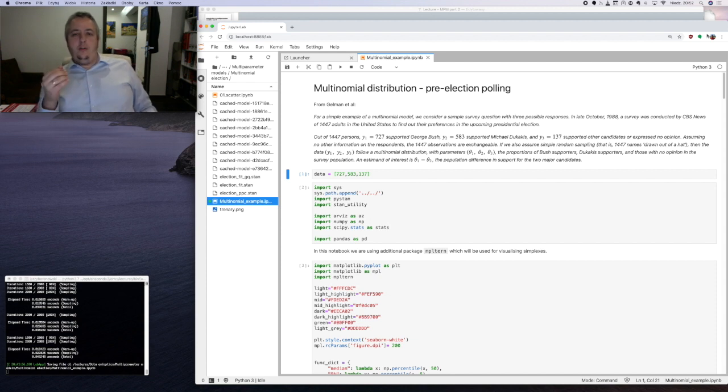During the approaching election, CBS News performed a survey in late October of 1988 of 1,447 adults in the United States in order to find out their preferences for upcoming elections. The main candidates were, of course, George H. Bush, who was the Republican Party nominee, and his opponent from the Democratic Party was Michael Dukakis.